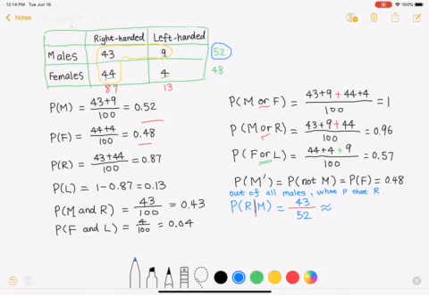Rounding to 4 decimals, it is 0.826923 and so on. You look at the digit right next to the 9. If it's a 5, 6, 7, 8, 9, you add 1 to the 9. But if it's 4 and below, then we just get rid of the rest. So the answer is 0.8269.